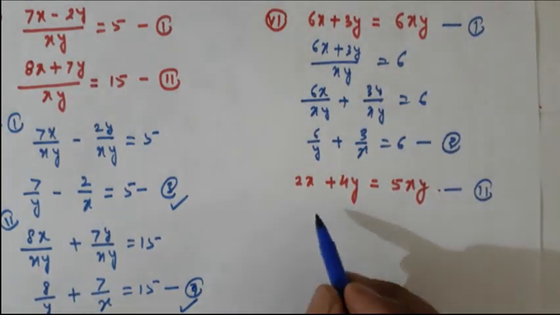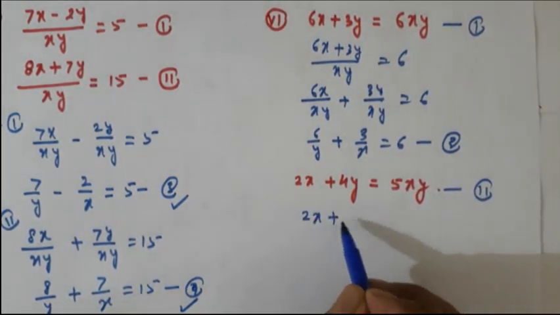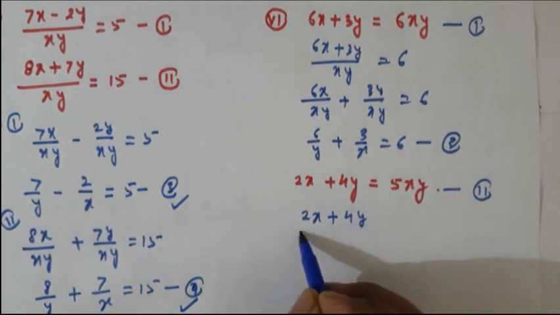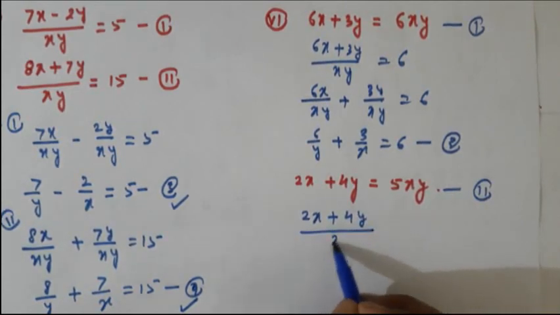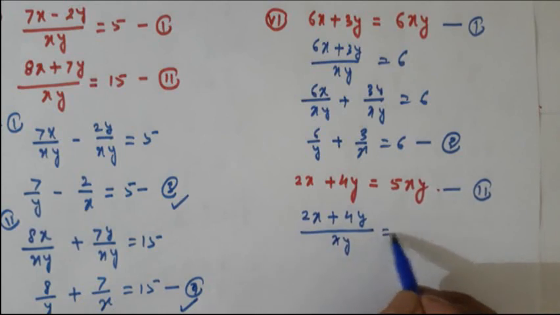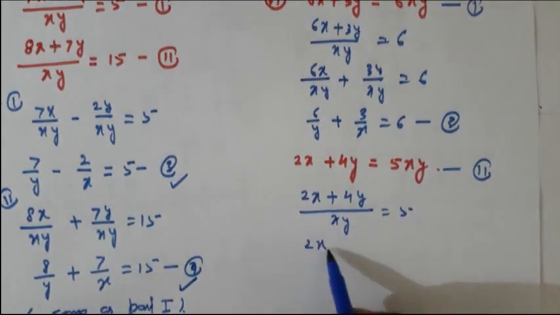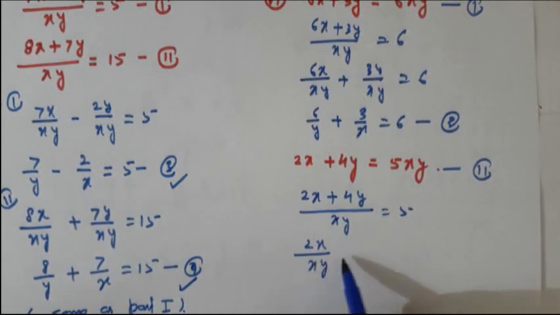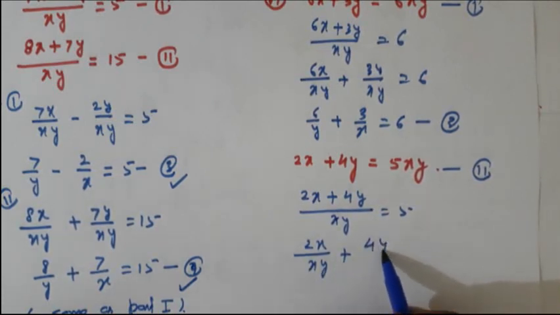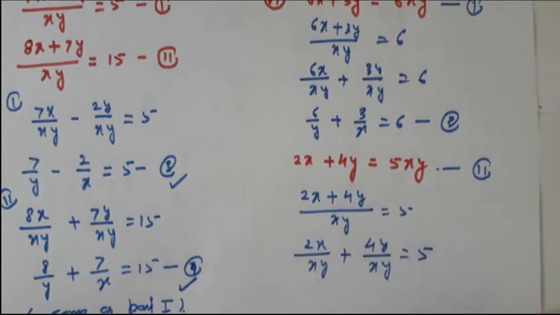And here also the same thing, (2x plus 4y) upon xy is equal to 5. Then break into two parts. So 2x upon xy plus 4y upon xy is equal to 5.